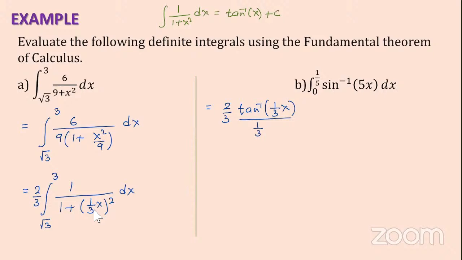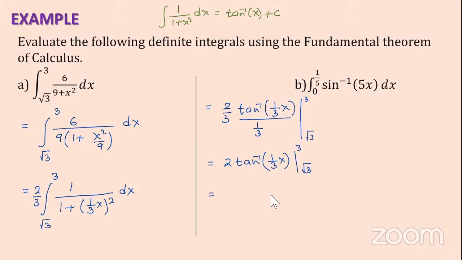And we have to evaluate this between square root of 3 and 3, which is equal to, first, 2/3 divided by 1/3 is 2. So it becomes 2 tangent inverse 1/3 x evaluated between square root of 3 and 3.